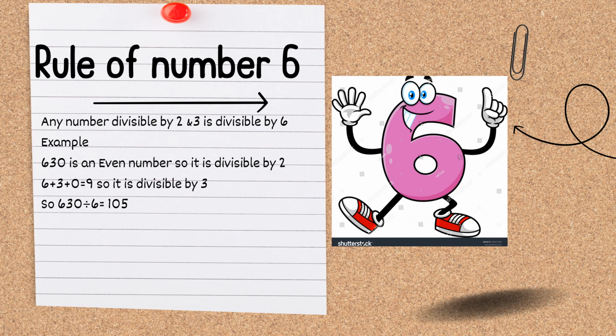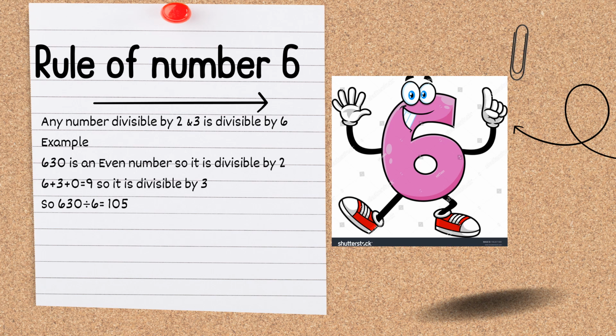Let's see, 630 divided by 6 equals 105. Oh my God, the rule works. This number is divisible by 6 because it is divisible by 2 and 3.